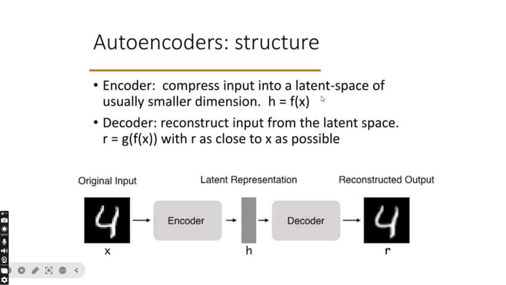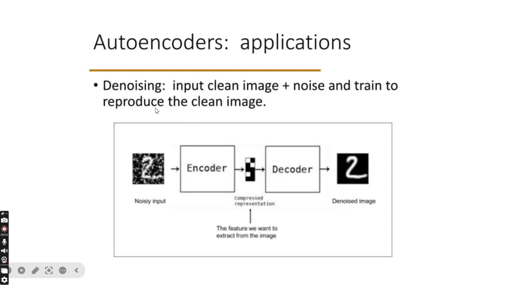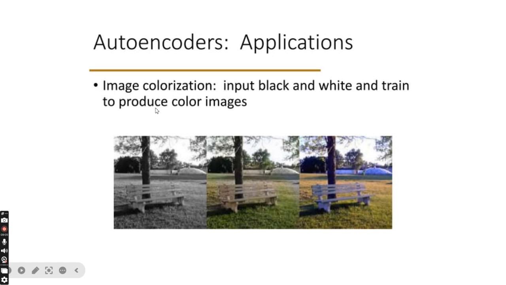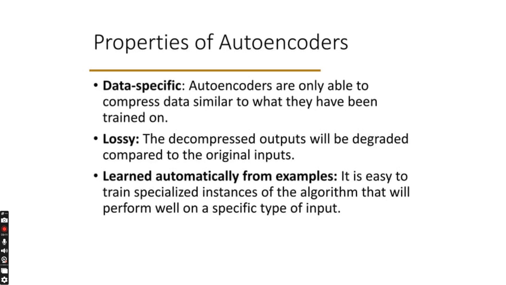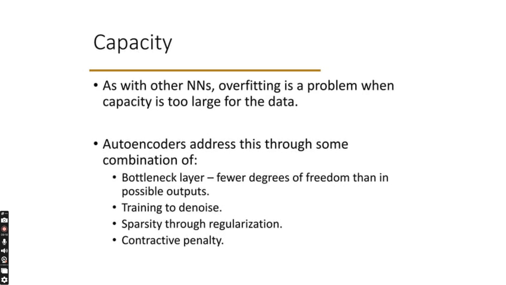The encoder compresses the input data into the latent space, and the decoder reconstructs the input from the latent space. Applications are denoising, image colorization and watermark removal. The properties are data specific, lossy, and learned automatically from examples.